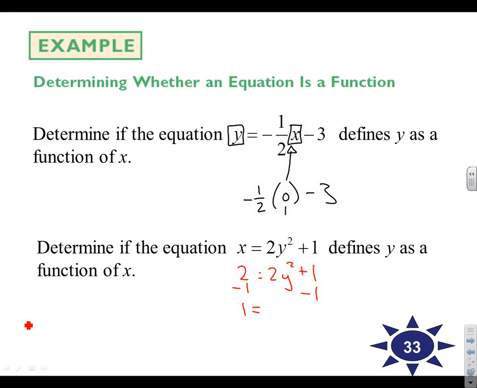Now we'll have 1 equals 2y squared, and so 1/2 equals y squared. And what happens when we take the square root? We get 2 answers. So we'll have plus or minus the square root of 1/2 equals y. That's 2 different things. We plugged in one x, we plugged in 2, and we got 2 different outputs for y. So that would not be a function. Alright, try problem 33.